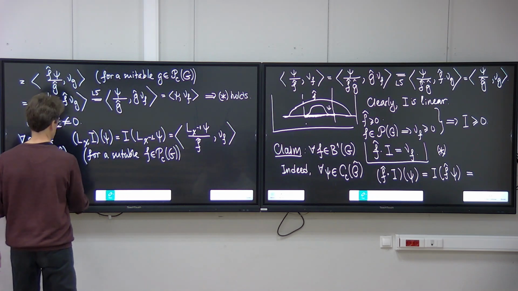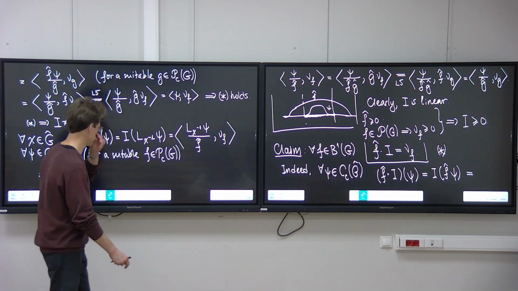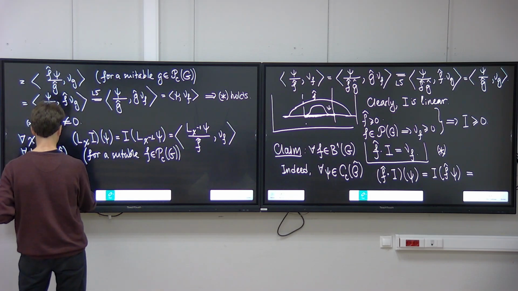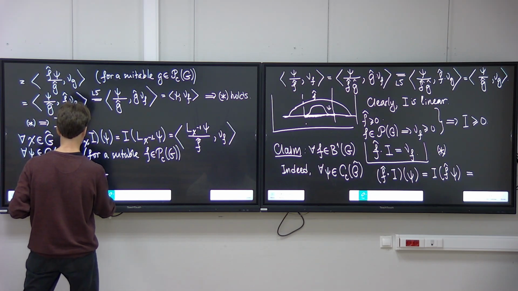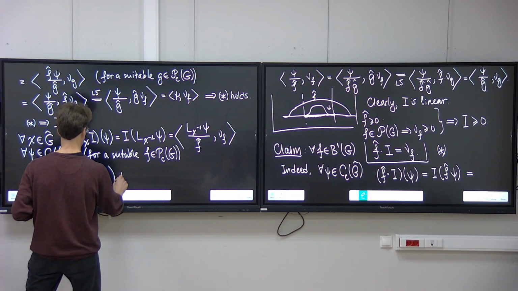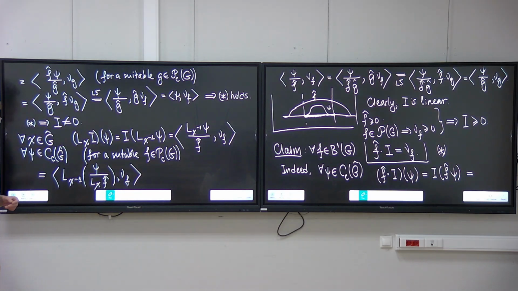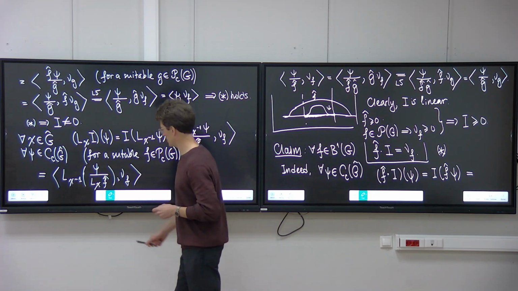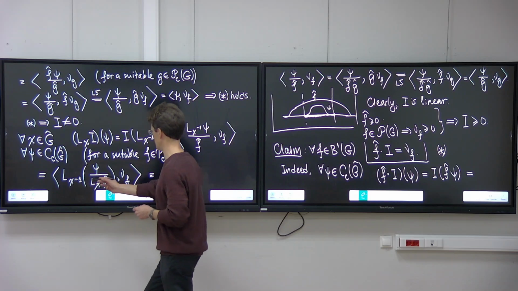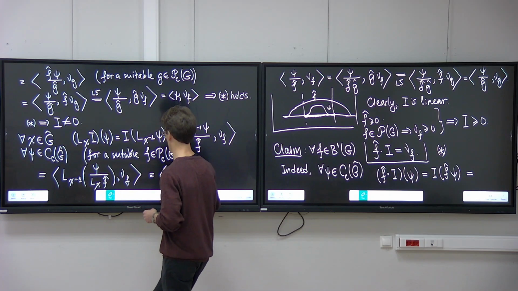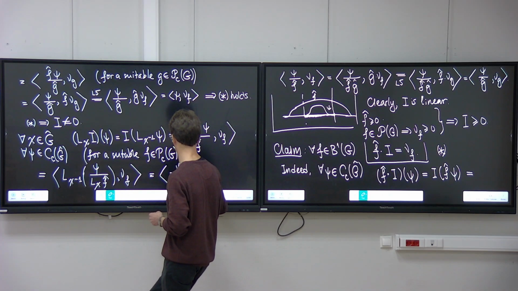First of all, let's write this function in a slightly different way: L chi inverse applied to psi divided by L chi f hat. Clearly this is the same. Now let's use the definition of the left translate of a measure. By definition, this is the integral of this function in brackets with respect to the translated measure nu f.